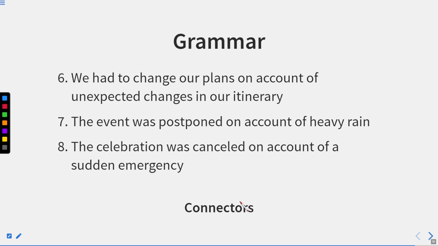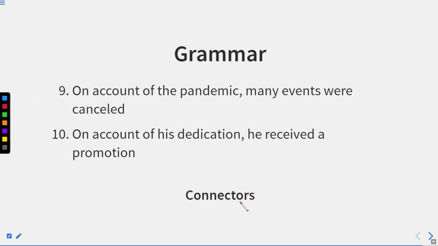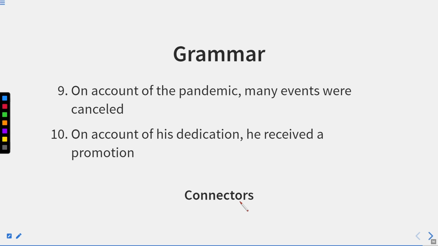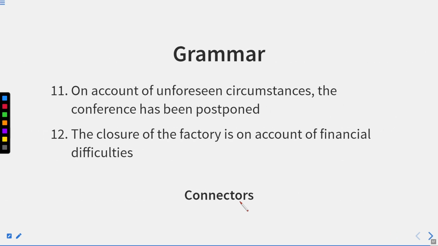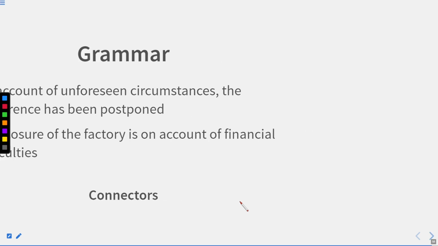The celebration was cancelled on account of a sudden emergency. On account of the pandemic, many events were cancelled. On account of his dedication, he received a promotion. On account of unforeseen circumstances, the conference has been postponed. The closure of the factory is on account of financial difficulties.